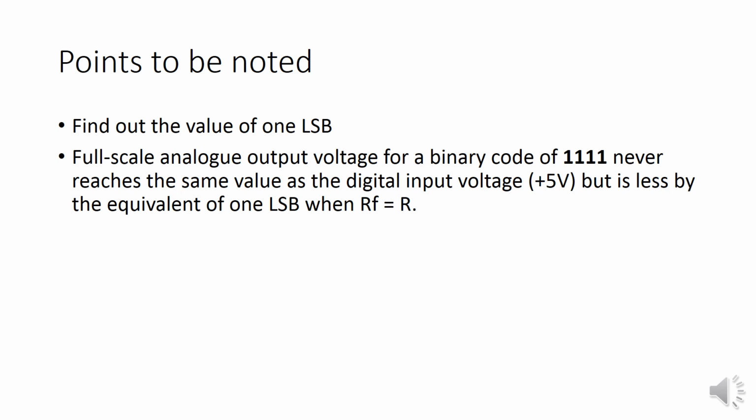These are some points to be noted. You need to find the value of 1 LSB from the experiment. This 1 LSB will be the step size of your digital to analog converter. Also note that the full scale analog output voltage for binary code 1111, the highest binary value for a 4-bit DAC, will never reach the same value as the digital input, that is V reference.